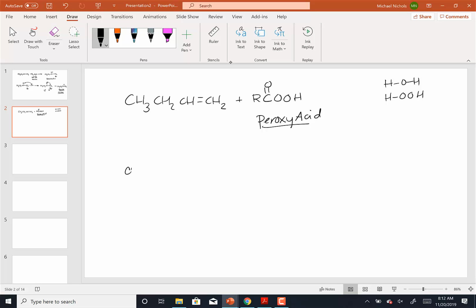So this isn't really the mechanism, but if you want to think of it this way, what happens is one of the oxygens off of the peroxy acid, we could kind of think of it as this pair of electrons moves up here, this pair of electrons moves down there, and then the hydrogen kind of moves there.